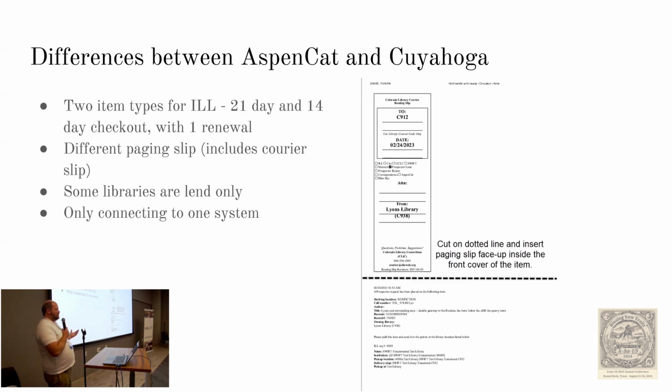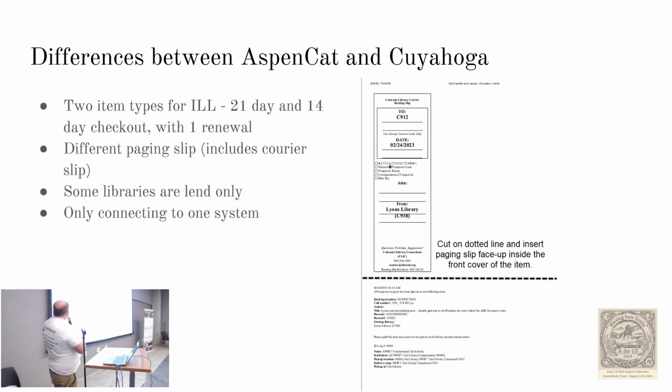They don't have access to know who sent the book or who the patron is for. So they asked us to create a little paging slip at the bottom. So we've done that as well. So hopefully the idea being that you scan, you print, it tells you where to send it. You don't have to look anything up. And then you can include that information as well. So that's helpful for the library receiving it.